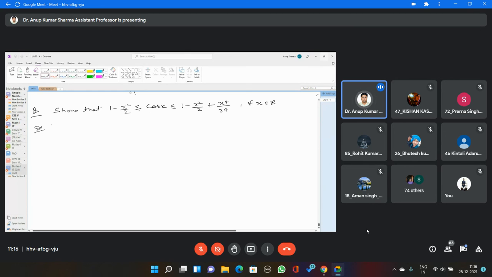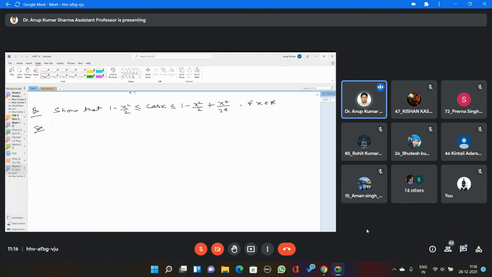In this question it is not written to use the Taylor series or Taylor's theorem. You have already studied the Taylor expansion, so you apply that expansion to show this expression. When x belongs to R, there are three cases: first, x equal to 0; second, x greater than 0; third, x less than 0.